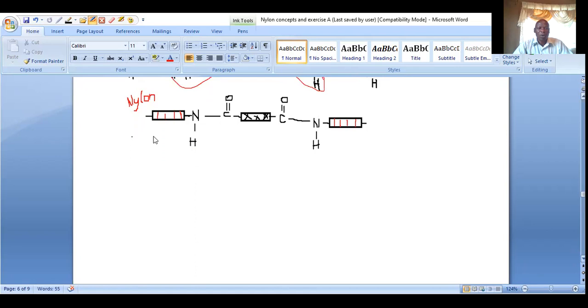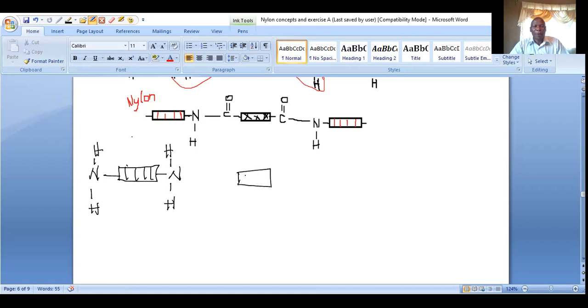And so you need the amine. This is the amine, a diamine, because there are two. On the other side, again, it has the amine. And this forms what is known as a monomer. And another monomer, there is the backbone.